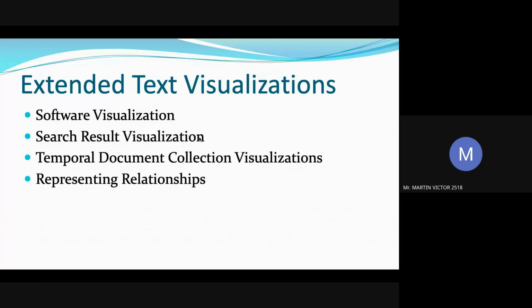I strongly suggest all of you to take a note of these 4 types and to explore what they really mean. So with this, our text-based visualization is over and our module 4 is completed.